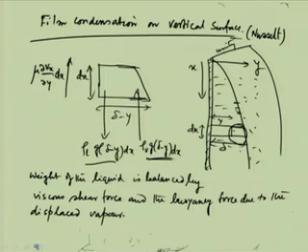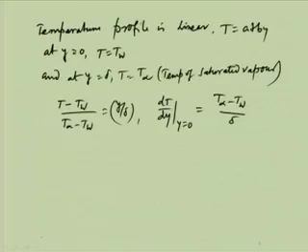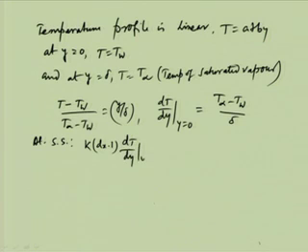So, at steady state conditions, we can say that K into dx into 1, that is the area, into dT by dy at y equals 0, is equal to the heat transfer, which is K into dx into (T infinity minus T w) by delta. That is the heat transferred by conduction mode.